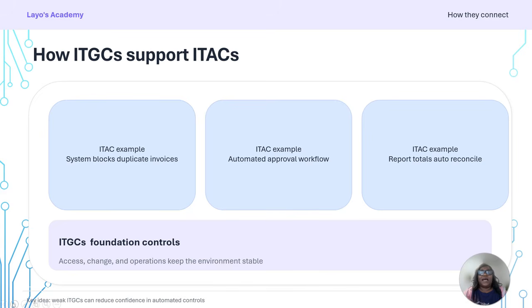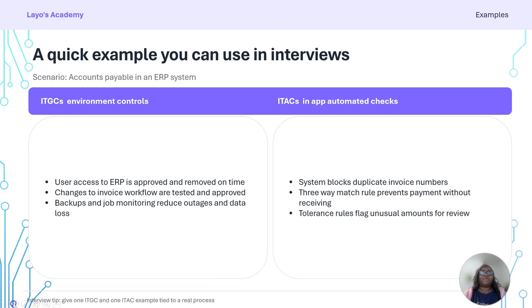Okay, so these are examples of ITAC, like I explained: system blocking duplicate invoices, automated approval or report totals, auto reconciliation. Okay, so that is how ITGCs mainly support ITAC, because if ITGCs are weak, the automated controls will also be affected.